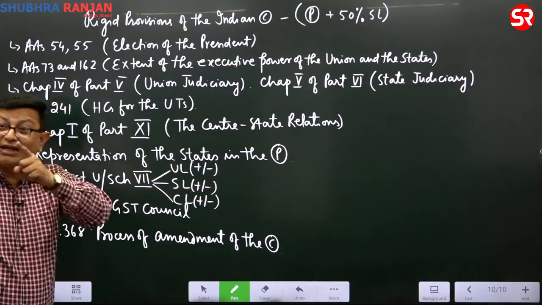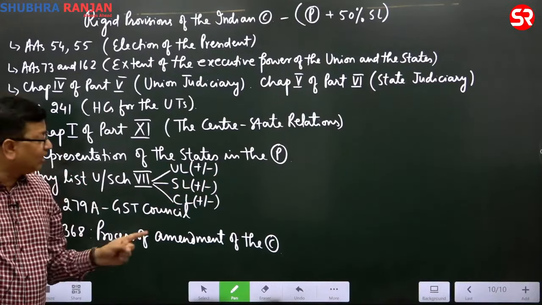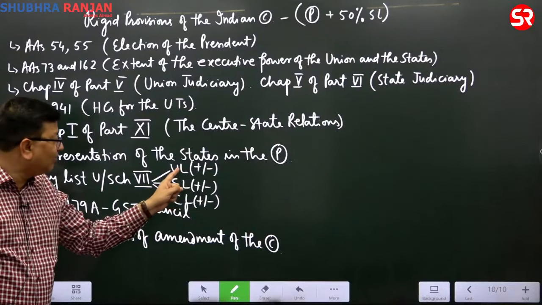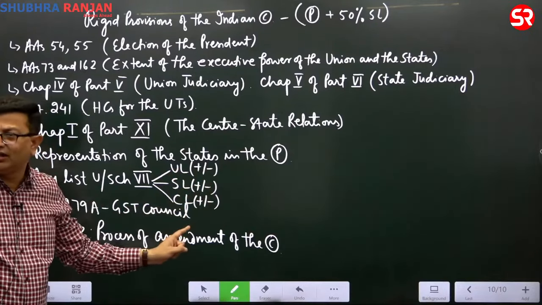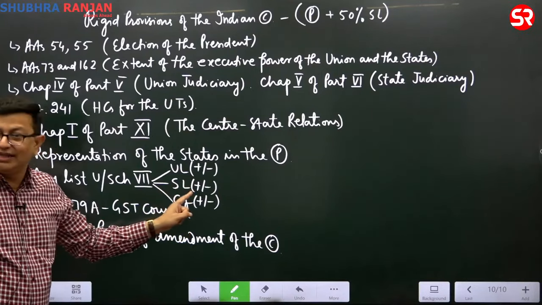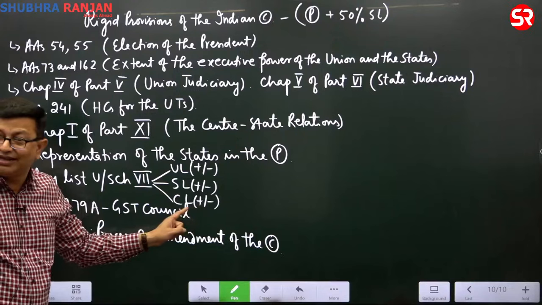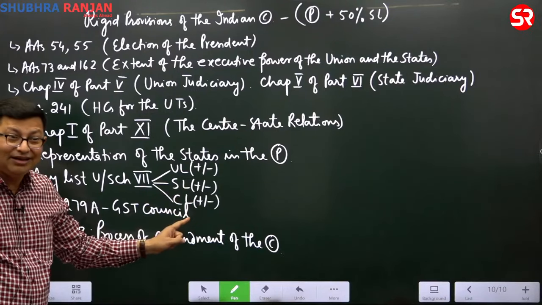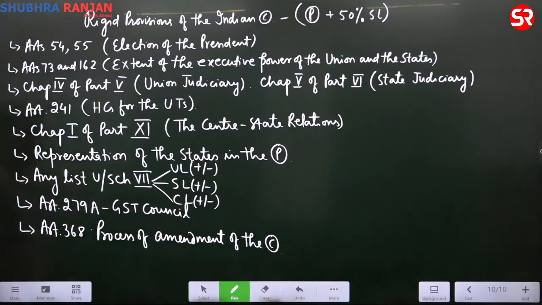Here also the logic is the same. Here what can the central government do? Add more subjects in the union list or the concurrent list, then reduce the subjects which are there in the state list. That can be done. Here also, protection of the interest of the state.